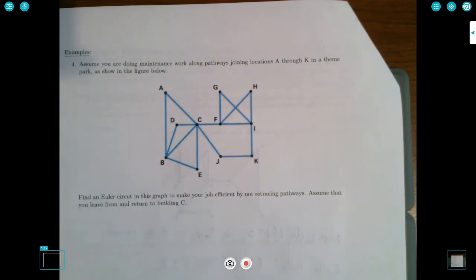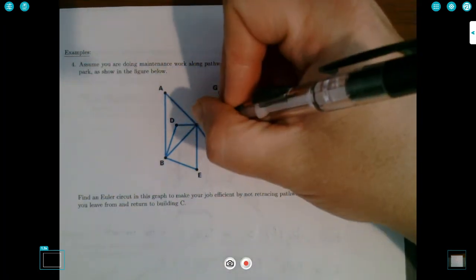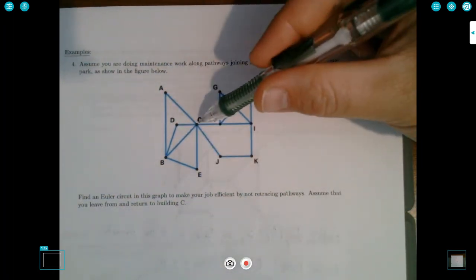We're asked to find an Euler circuit in this graph to make our job efficient by not retracing pathways. Assume that you leave from and return to building C. So this is going to be our starting and ending point right here, point C.